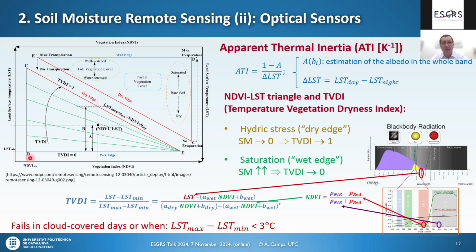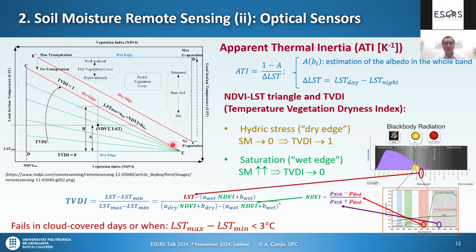Water has a large specific heat. So when there is less water, the temperature goes much higher during the daytime, and then during the nighttime to a much lower value. So the temperature excursion is much larger than when the NDVI is high, because there is a lot of water.